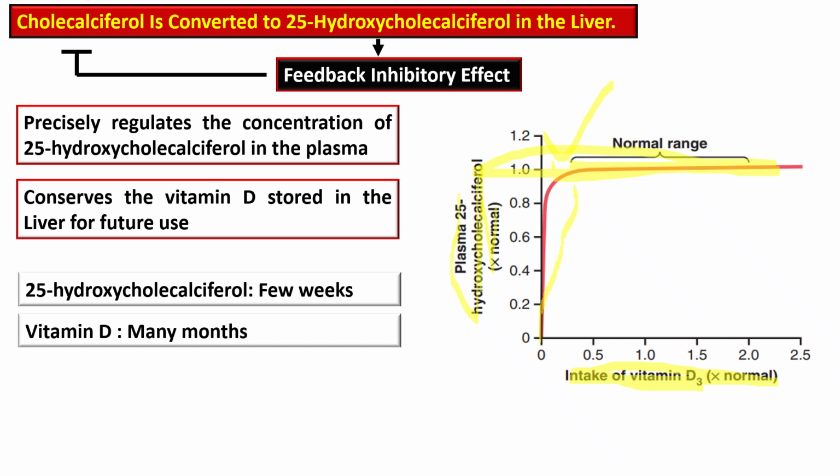This is due to feedback inhibition, and this 25-hydroxycholecalciferol inhibits further conversion, preventing excess accumulation. So the body has a tendency for natural regulation to maintain a stable level of 25-hydroxycholecalciferol, even when vitamin D3 intake increases significantly, and this mechanism prevents vitamin D toxicity.